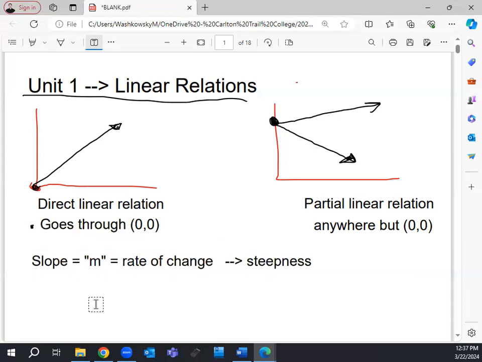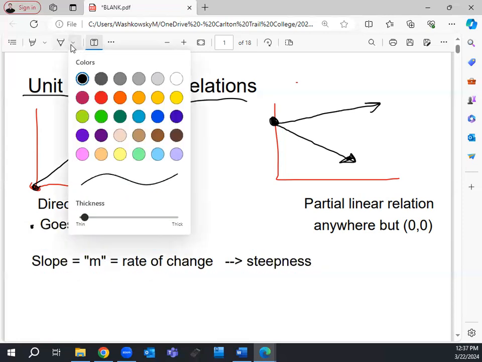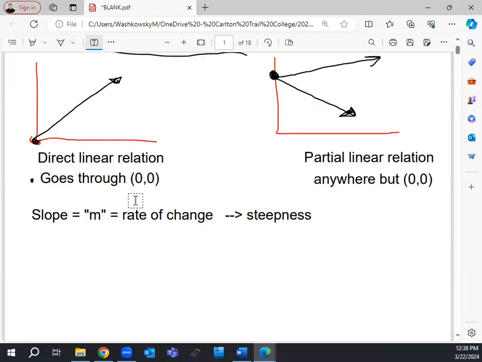But it all means the same thing. It's all interchangeable.